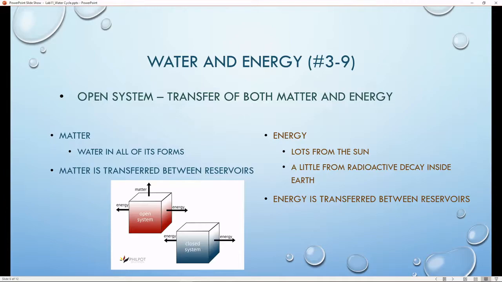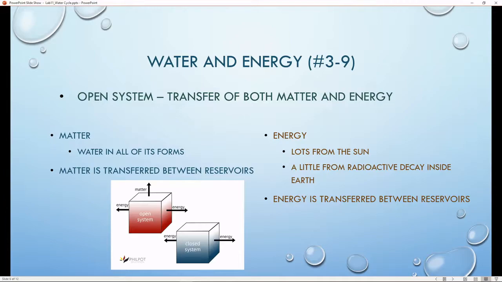So question number 3. As water vapor condenses, heat energy is released to the atmosphere. What do you think happens to the heat energy? Ultimately, as that water vapor condenses, that heat energy gets released to the atmosphere and warms the atmosphere.